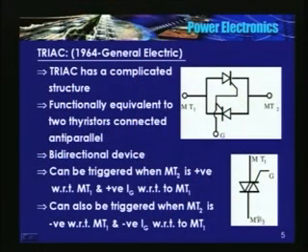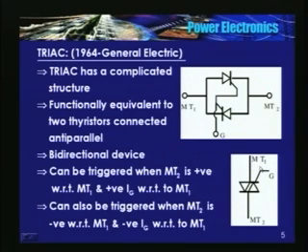So how do I trigger? A triac can be triggered by making MT2 positive with respect to MT1, and supplying a positive gate current with respect to MT1.